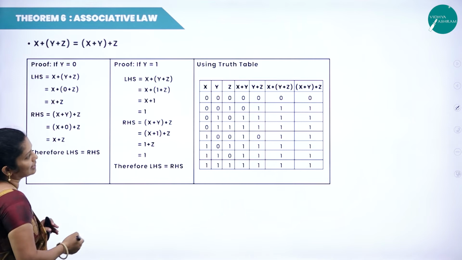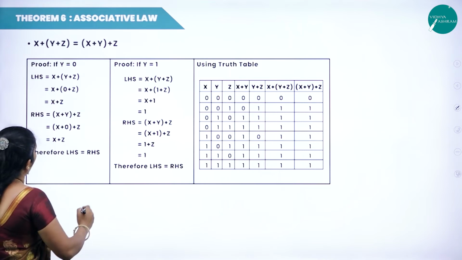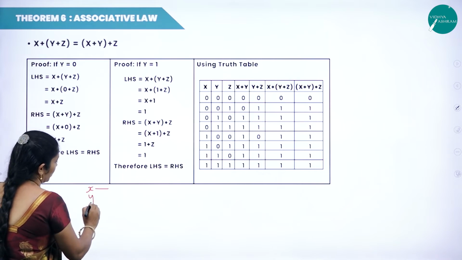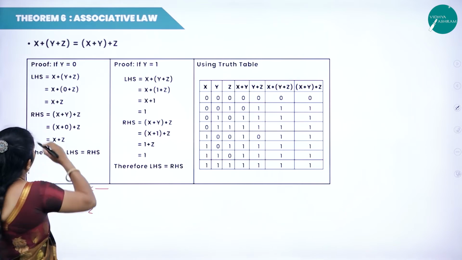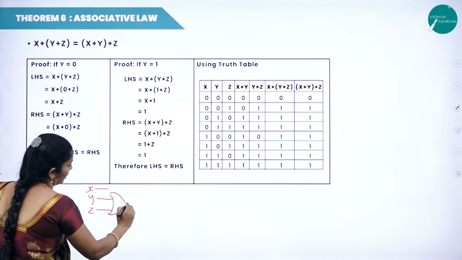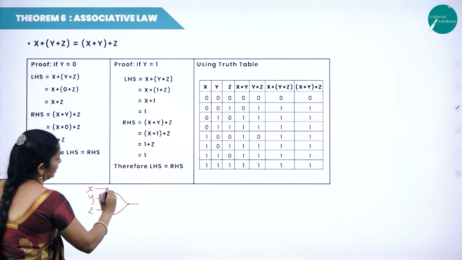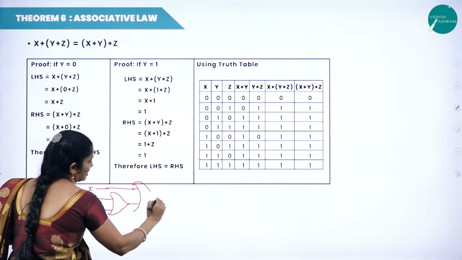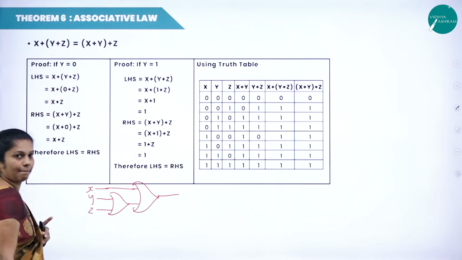Now, how to write the symbol for this one? First, here we have x. Then y plus z, here I am going to take y and then z. Here we have the plus operator, that's why the reverse C shape I am going to take. The result once again is connected here, once again with the plus operator. Once again reverse C and then one line.